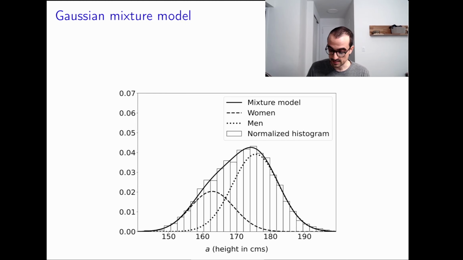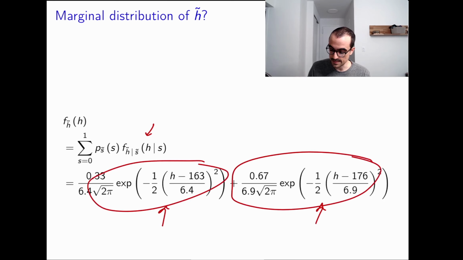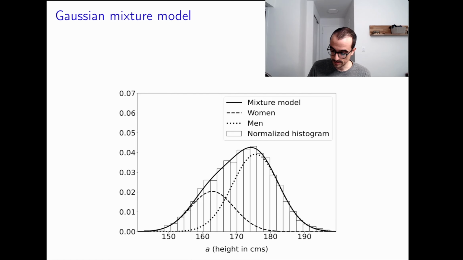Here, you can actually see this formula a little bit more intuitively. We have the women and the men. These are the women here, and these are the men here. What we do is we weight the conditional density, which is Gaussian, by the corresponding probability, and then we add them all together.